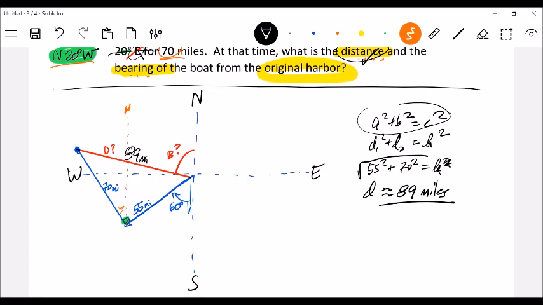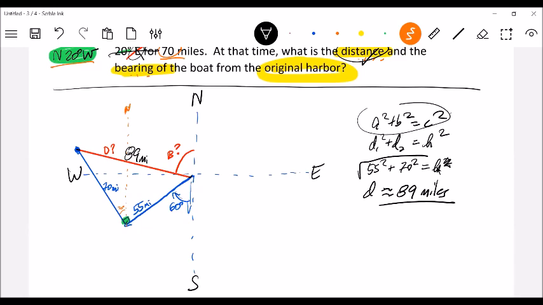Now, we want to get what is this amount here. Actually, let's go back here. In order to get this one, we're going to need to figure out the angle there, but we don't have much reference with it. What we do have is that this one's 60 here.